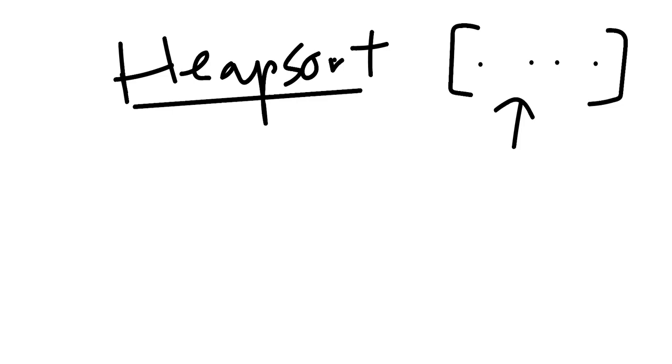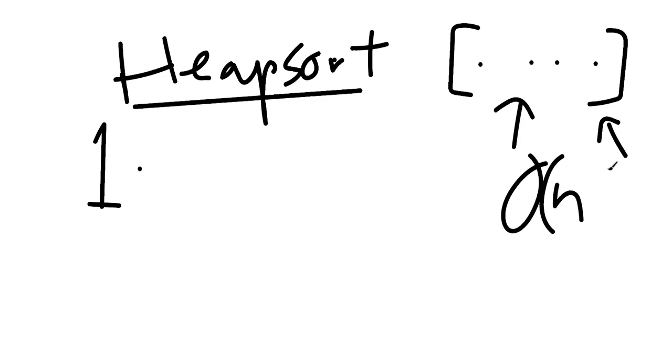Heapsort, first, builds a max heap. So you have this array, and we want to build a max heap from this array. So what do we do? Well, in fact, we'll build a max heap in place, by doing something that takes O of n time.